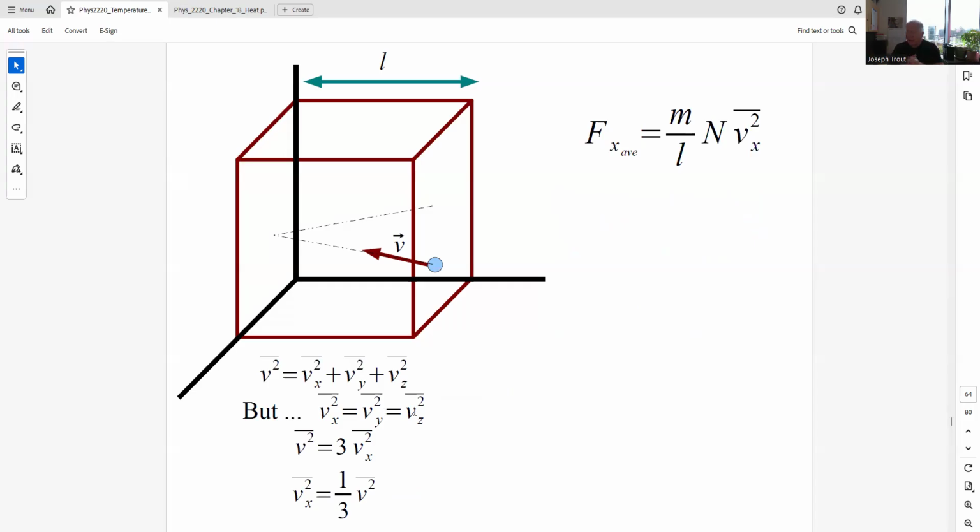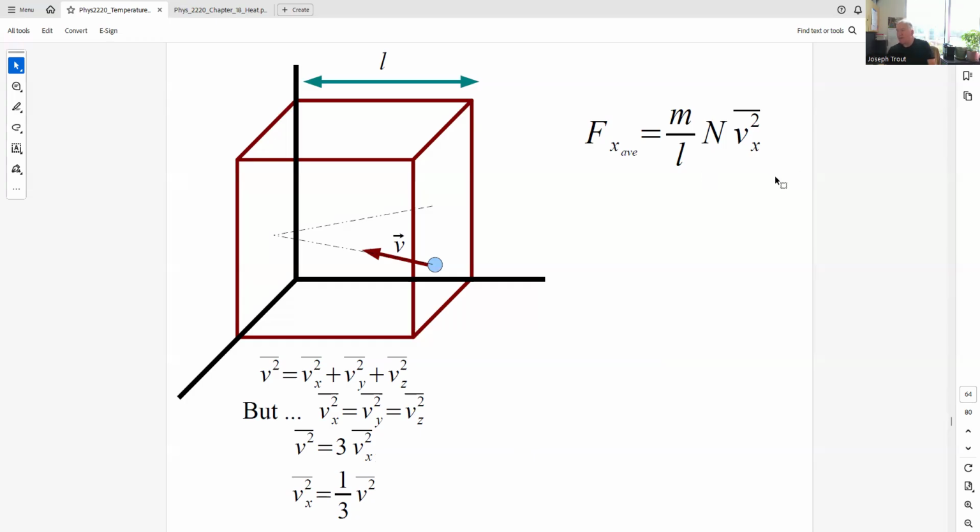If they weren't, then there's the possibility that all the oxygen molecules would rush to one side of the room, or rush up to the ceiling or down to the ground, right? But we know it's well mixed. So the average x velocity squared is just 1/3 the average velocity squared.